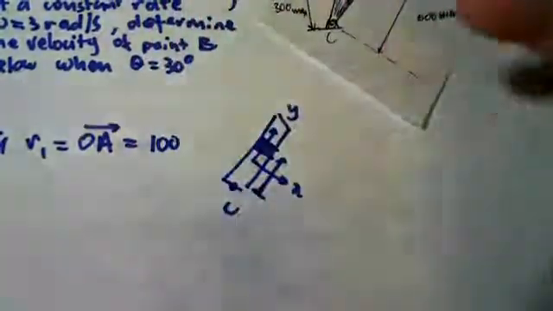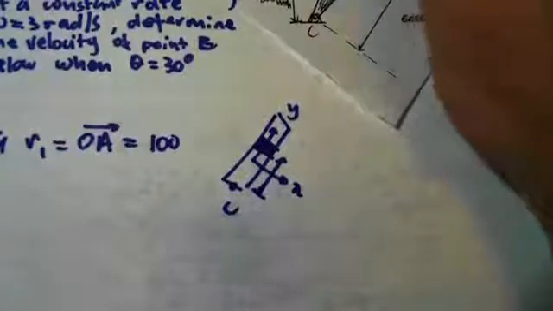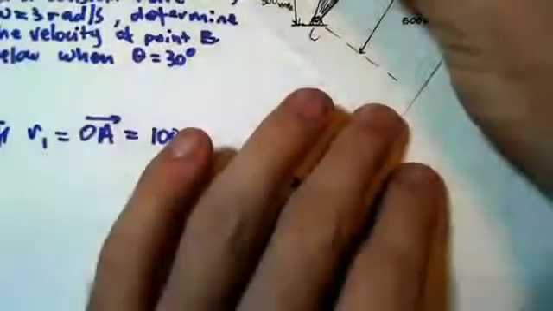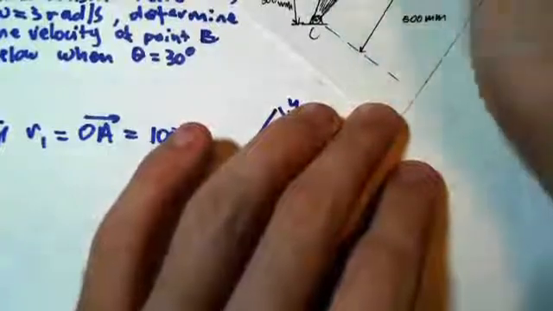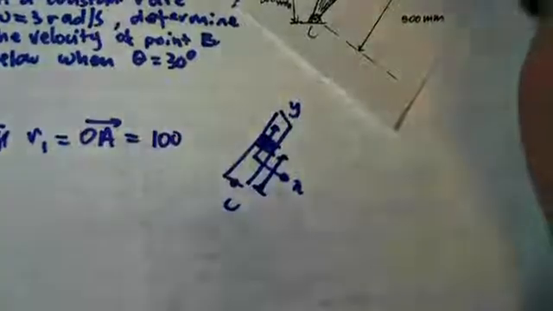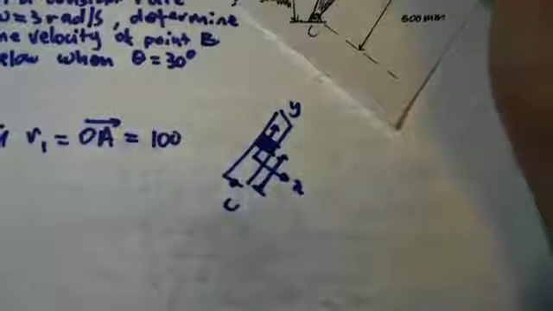We're going to do this in terms of millimeters, so that's 100 mil. The next thing we'll do is say that the radius R2 from the origin to C, so this length here, is 300 mil.